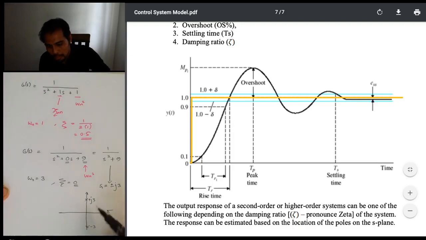So when this part is 0, our system is undamped.